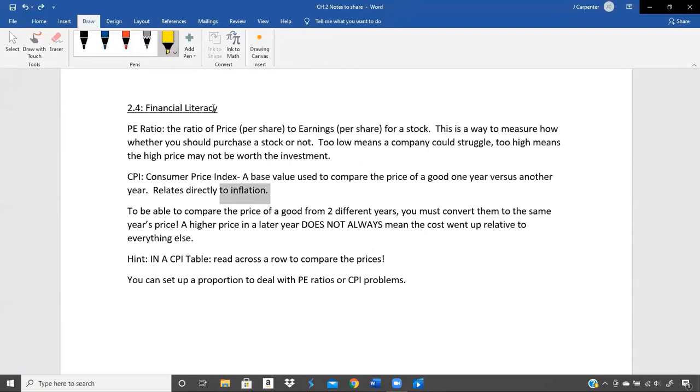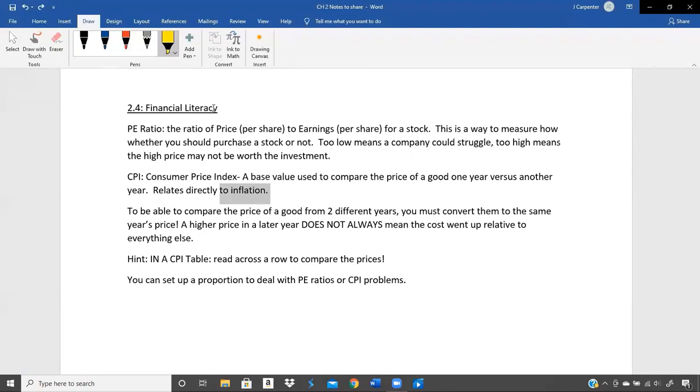And that number is used to calculate the price of a good in 1990 versus 2005, or the price of a good in 2020 versus 2010. Now, if that good is priced exactly to inflation, then they would be exactly the same price ultimately. But quite often a good in 1990 is going to be more expensive or less expensive than the good in 2005, even when you account for inflation.